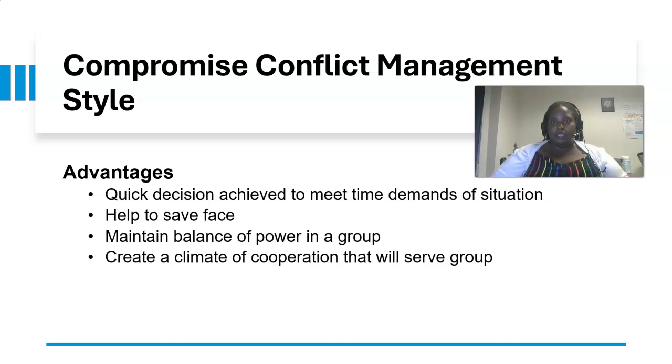So to save face, we're able to say, hey, we got some of what we want. We're not so angry about it, so we're able to keep our cool. And it's also to maintain the power balance in the group with compromises so we don't rock the boat, and create a climate of cooperation that can help serve the group because although not everybody got everything that they wanted, at least everybody got some of what they wanted.